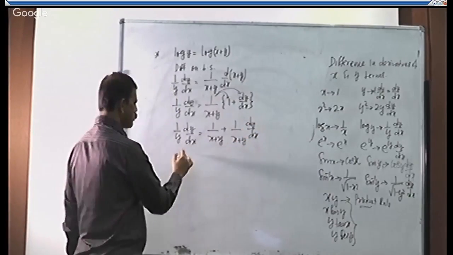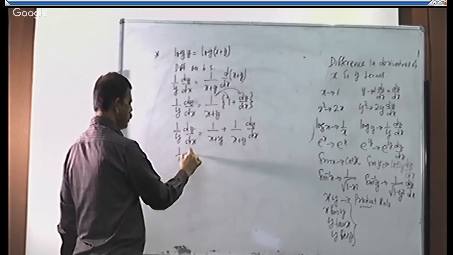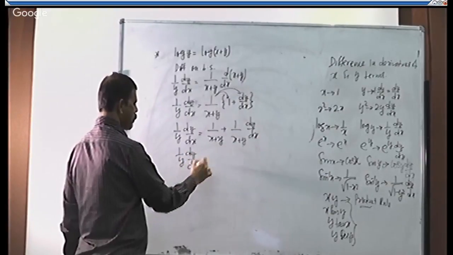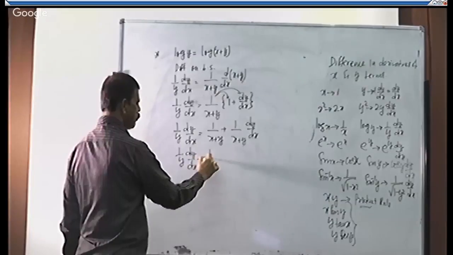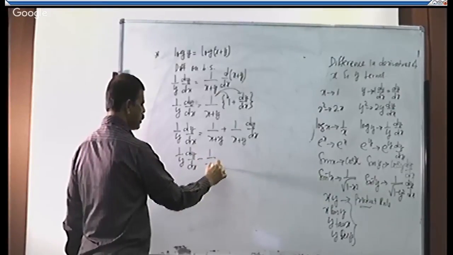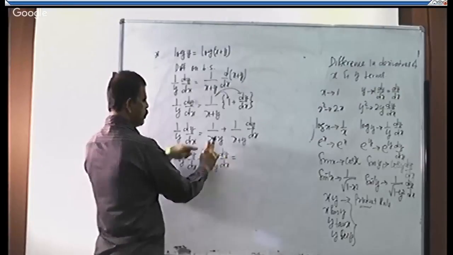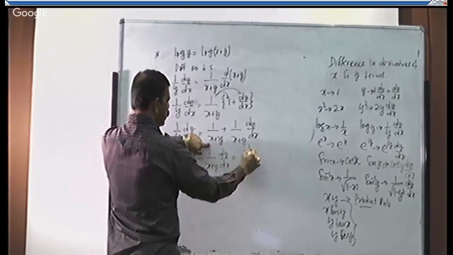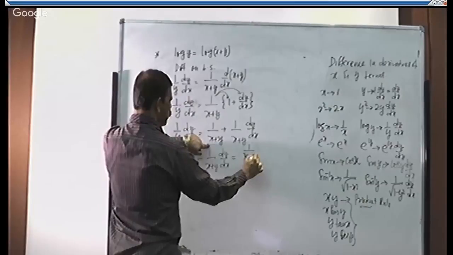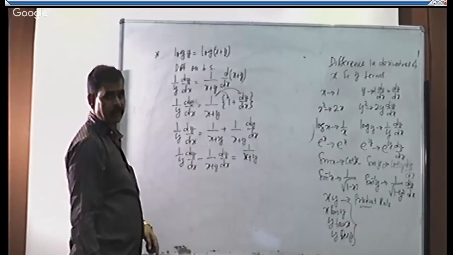Take dy by dx terms together, 1 by y into dy by dx minus 1 by x plus y into dy by dx is equal to, retain this term at the right side, 1 by x plus y.